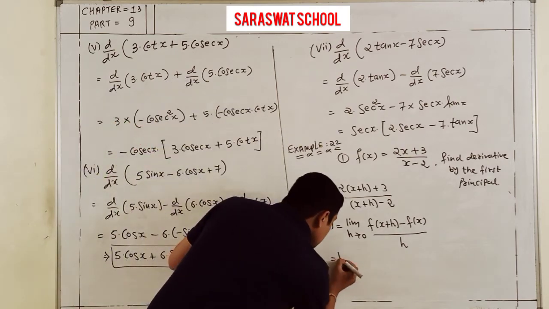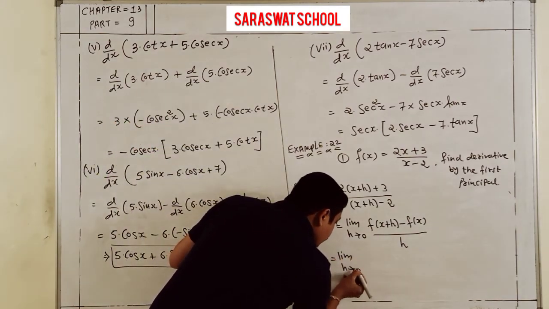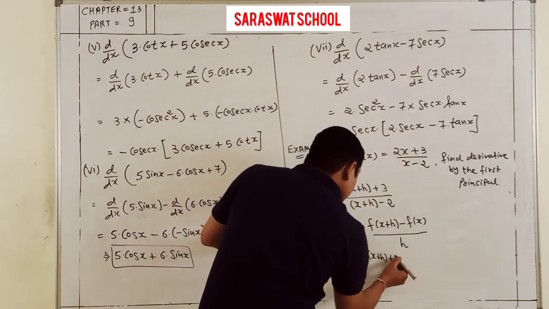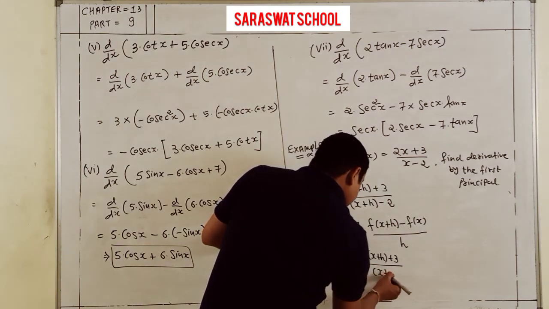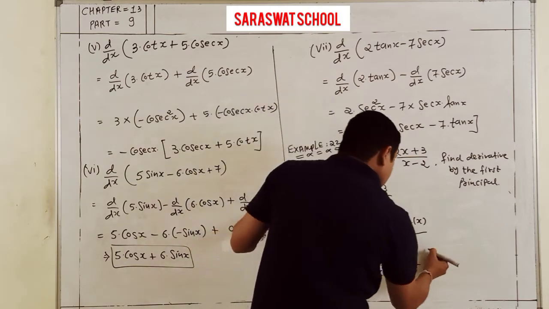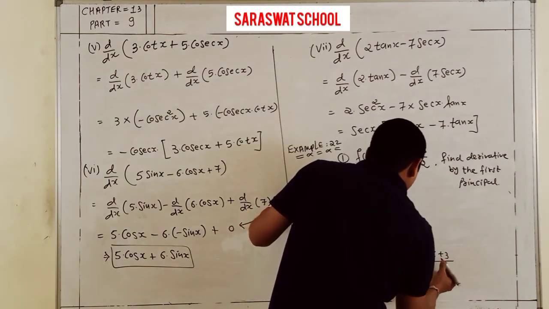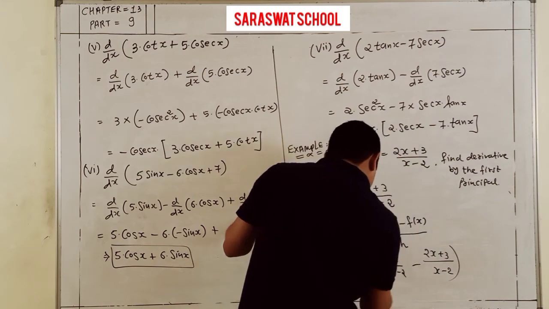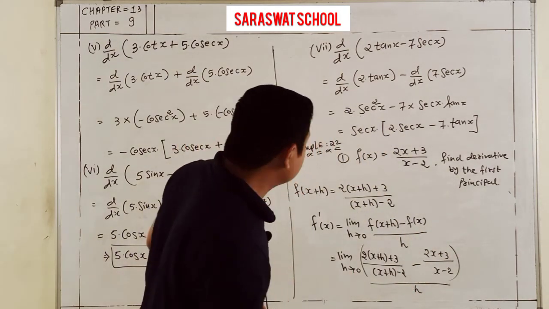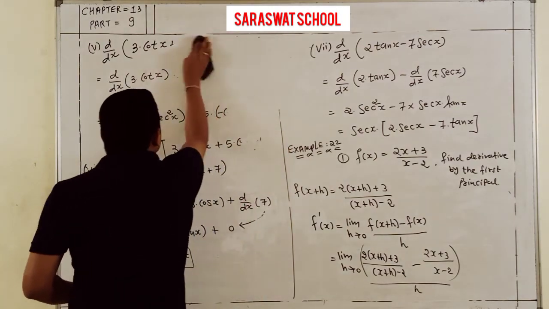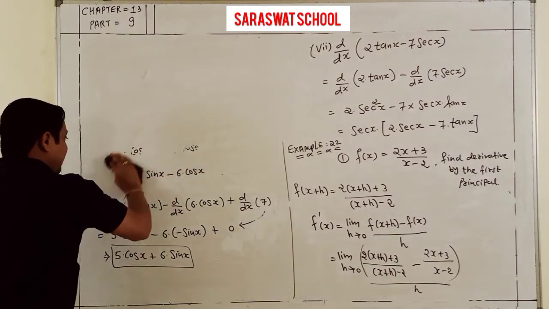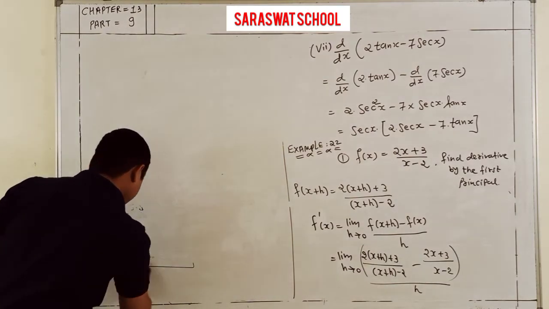So limit h tends to 0 of 2 times (x plus h) plus 3 upon x plus h minus 2, minus f x, which is 2x plus 3 by x minus 2, and the whole divided by h as it is. Now take the simple LCM in this form and simplify until h is removed from the denominator.